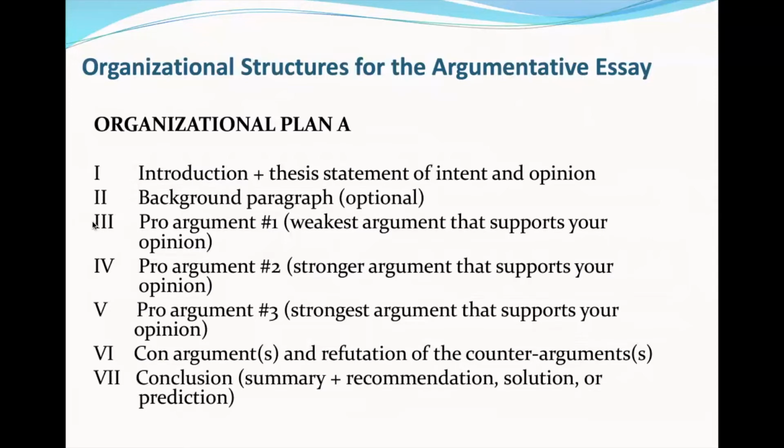Pro argument refers to the advantages, or if we're talking about the OFW, if you're talking about the government allowing OFWs to work for a longer period of time abroad, then you have to consider the weakest argument, moving on to the strongest argument for argument three.